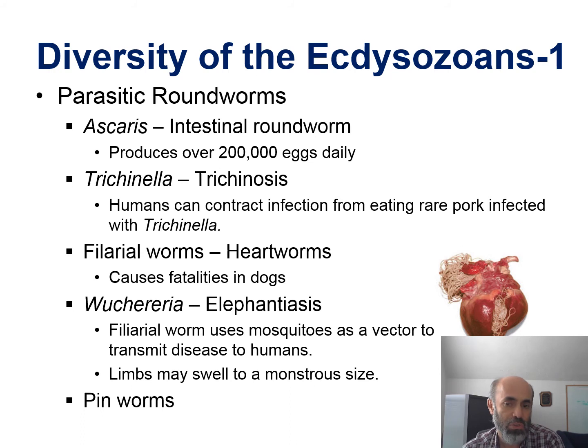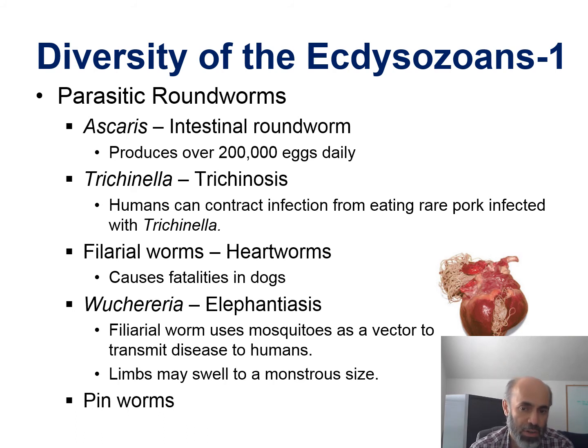Filaria worms are called heartworms. They cause fatalities in dogs. These are tiny, very long roundworms, and they can completely block the circulatory system or the heart. Wuchereria causes elephantiasis, which is accumulation of fluid in different parts of the body, like the legs.